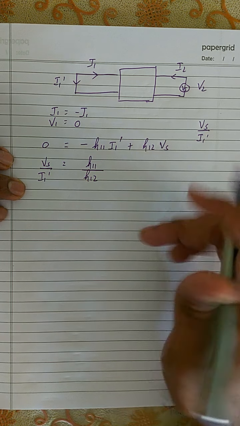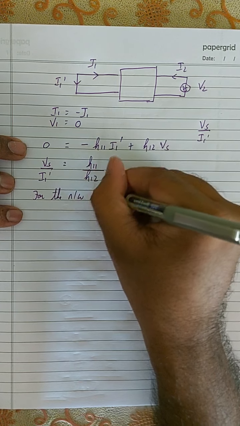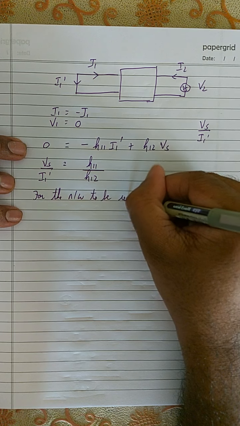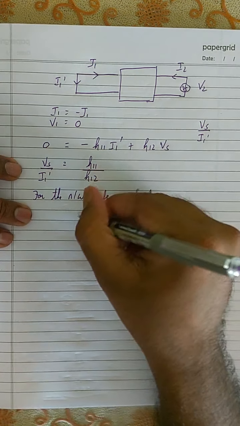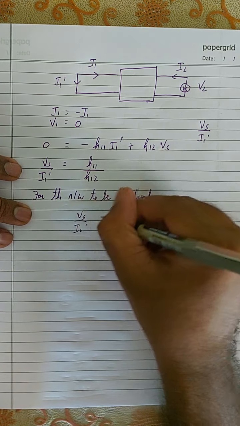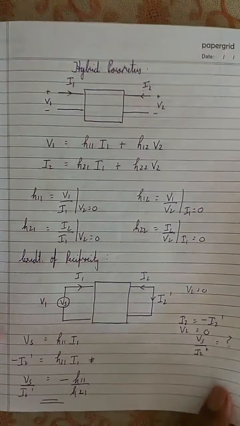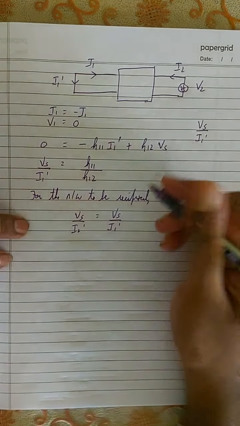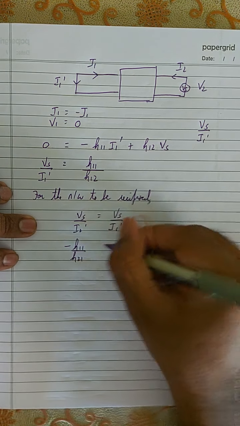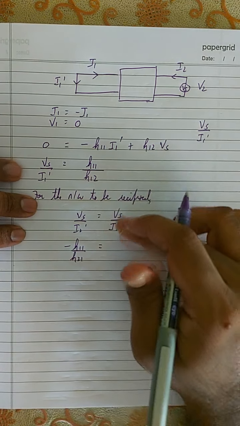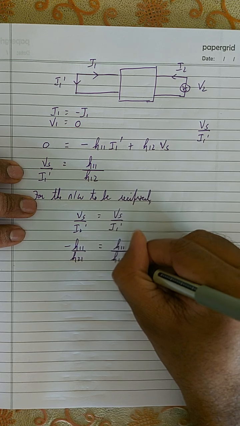So for the network to be reciprocal, Vs by I2 dash is equal to Vs by I1 dash. So what is Vs by I2 dash? Minus H11 by H21. And Vs by I1 dash is H11 by H12.